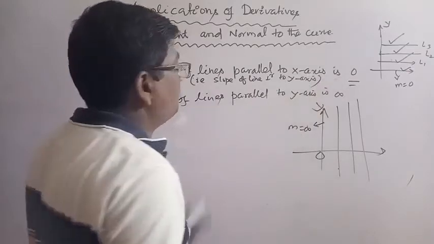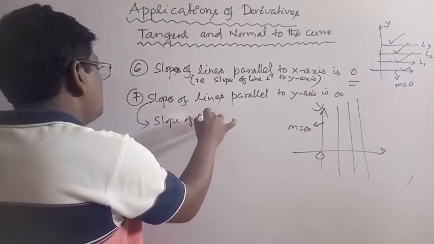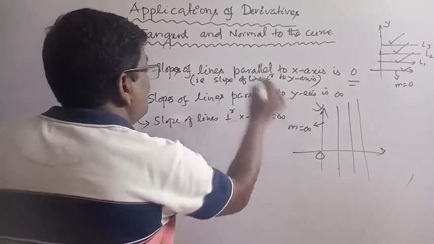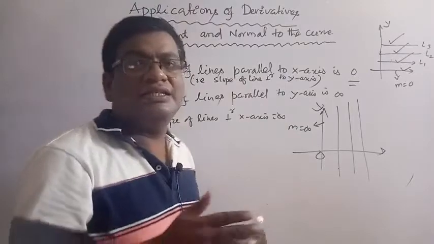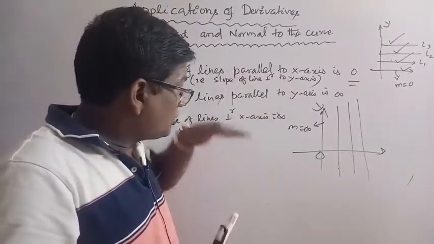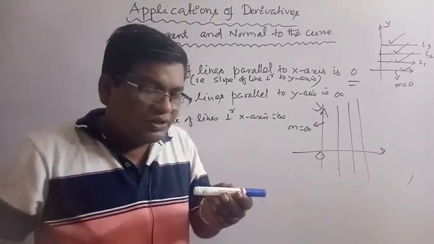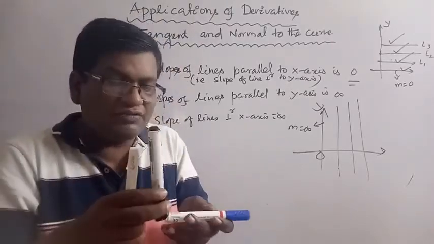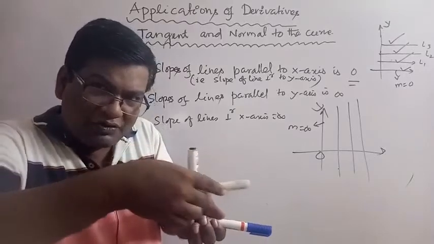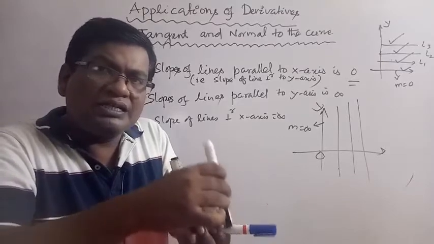Parallel to the x-axis means perpendicular to the y-axis. And we can also say the slope of lines perpendicular to the x-axis is infinity. A line parallel to the x-axis is equivalent to a line perpendicular to the y-axis, and a line parallel to the y-axis means a line perpendicular to the x-axis.